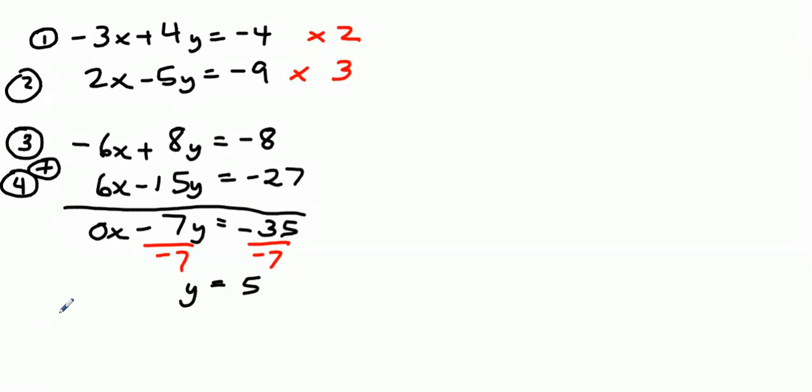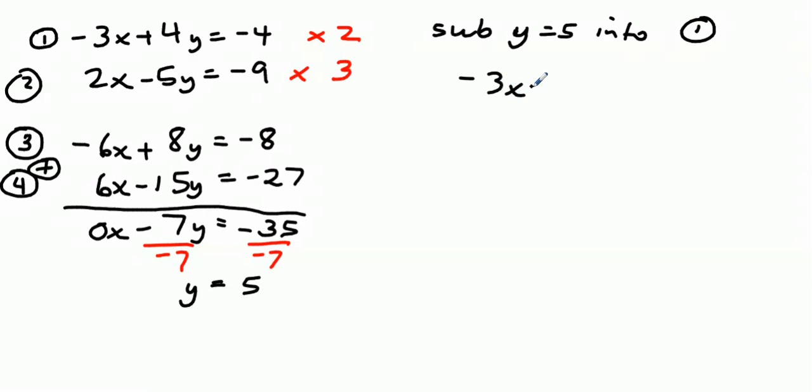Okay, and then we're just going to substitute in. Doesn't matter which equation. Substitute y equals 5 into, does it really matter? I don't know, let's just go with 1. So I'm going to go minus 3x plus 4y equals minus 4.